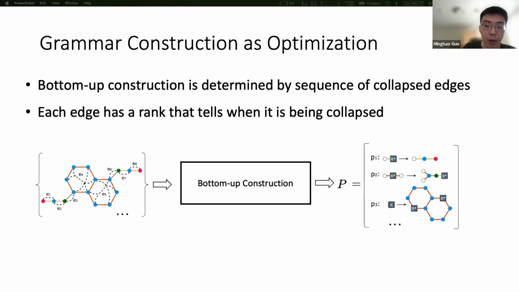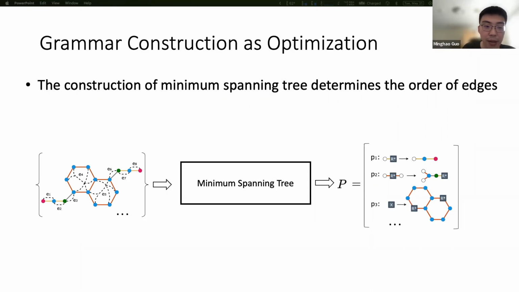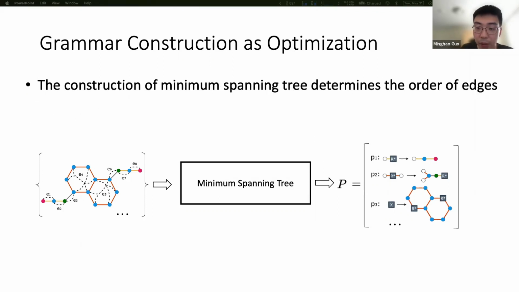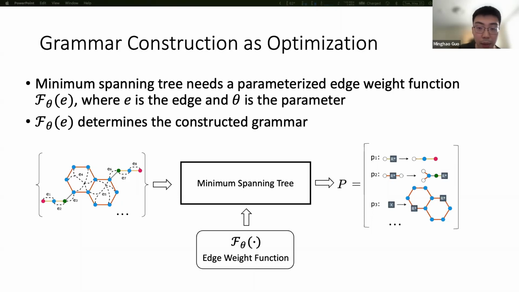So essentially, you are trying to assign a rank to each edge and tell whether it is being collapsed. This kind of ranking scheme can be achieved using a minimum spanning tree. As long as we perform a minimum spanning tree algorithm simultaneously on all the input graphs, which gives you a minimum spanning forest, we can still get an order of all the selected edges, which in turn gives us a grammar.